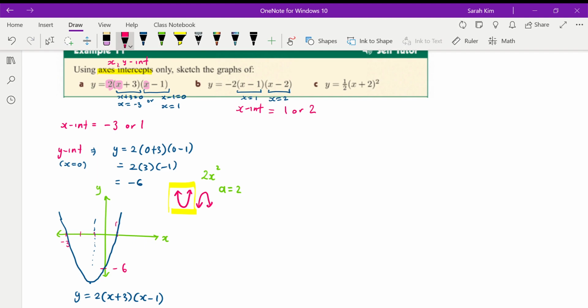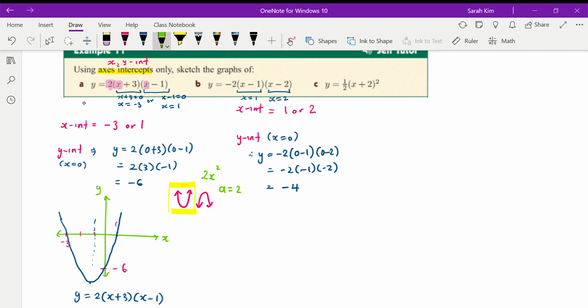So I've got my x-intercepts, now I need to find my y-intercept. For the y-intercept, I just need to substitute my special condition x equals 0. So therefore y equals minus 2, 0 take 1, 0 take 2, minus 2, minus 1, minus 2 would be 2 times 2, so minus 4.